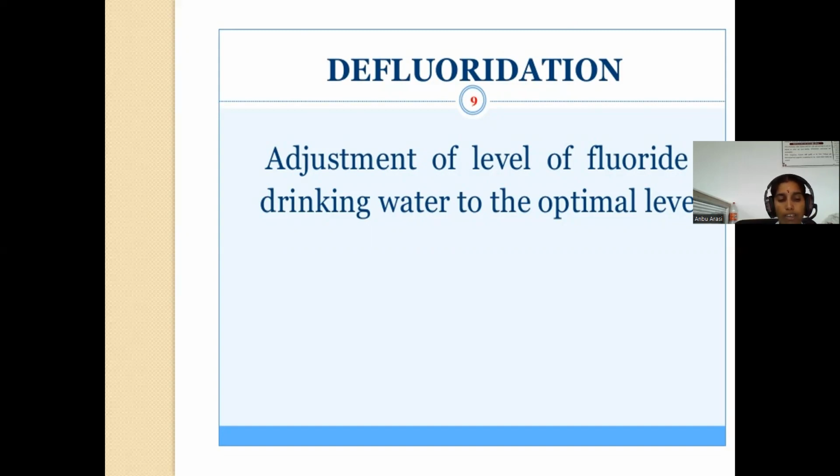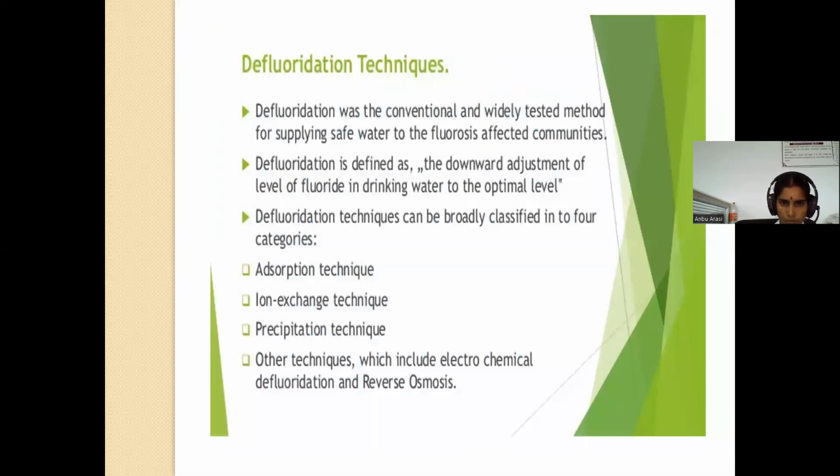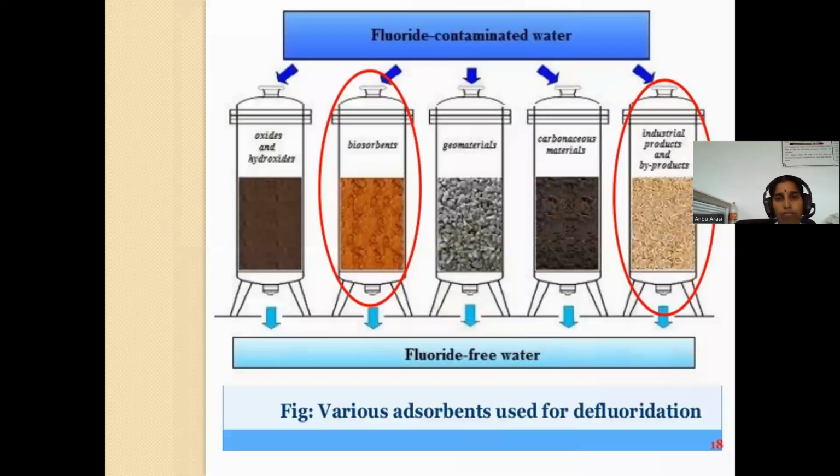The process of adding fluoride solution in the water to increase the fluoride content is called fluoridization. Defluoridization techniques may be classified into four categories: adsorption technique, ion exchange technique, precipitation technique, and other techniques.